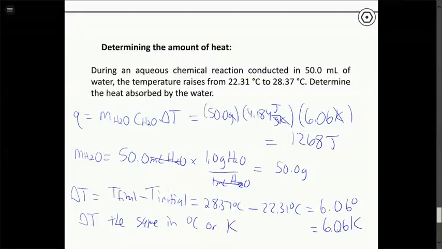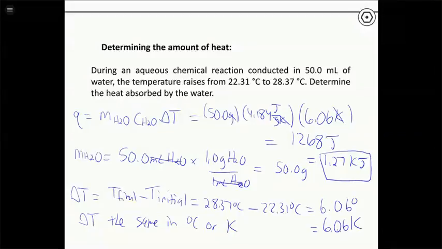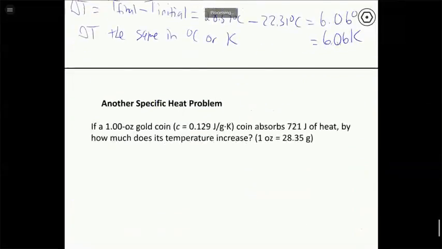Very often in these problems we'll specify a unit, which is often going to be kilojoules. So we divide by 1,000 to get 1.27 kilojoules. Heat changes are more often going to be done in kilojoules as opposed to joules. That's how we calculate Q for water raising its temperature.